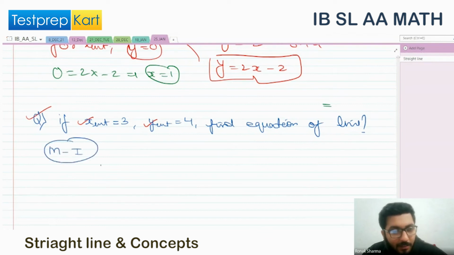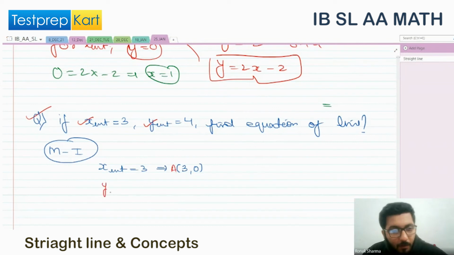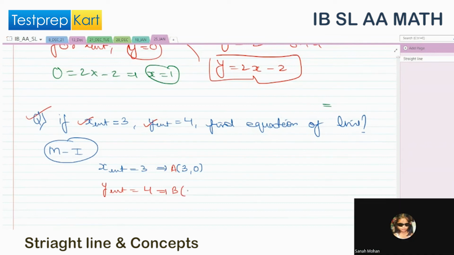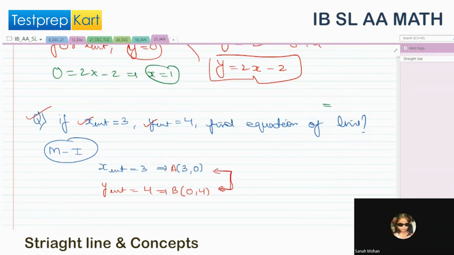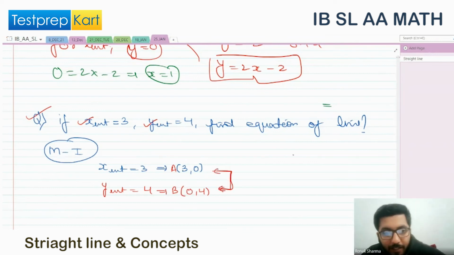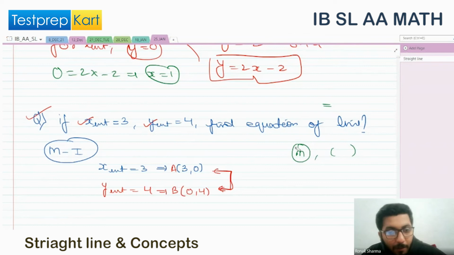If the x-intercept is 3, can I say the line is passing through (3, 0)? If the y-intercept is 4, the line is passing through (0, 4). Now we have 2 points on the line. But to find the equation of the line, we need a slope and 1 point, and we don't have the slope right now.